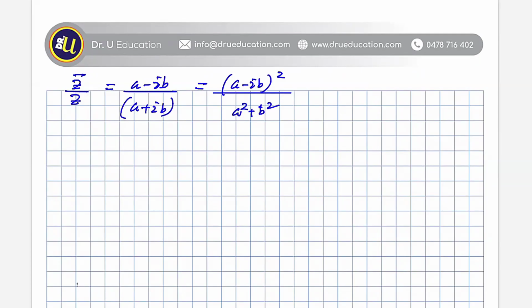So what I did was I multiplied this by a minus ib, conjugate, you remember? Conjugate. So this is a minus ib, conjugate. Remember? So, yeah, if you want to simplify this one, you get a squared plus b squared divided by a squared plus b squared. Check my calculation.